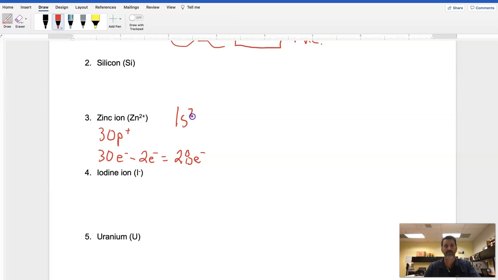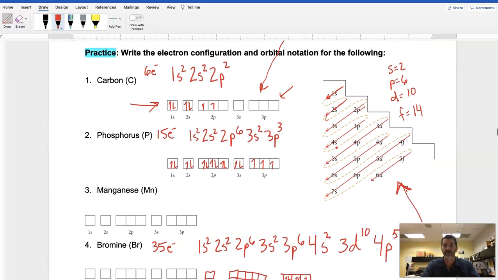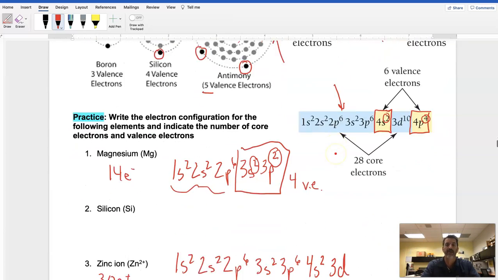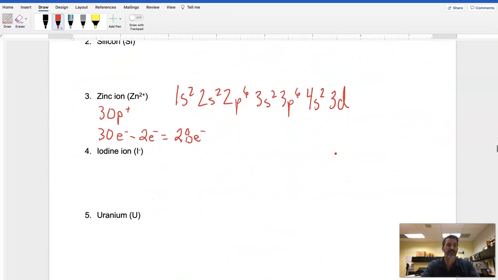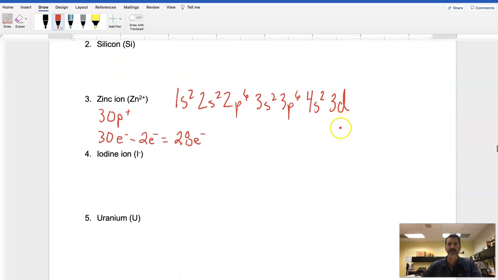So 1s2, 2s2, 2p6, 3s2, 3p6. This is where it gets a little strange, because 4s2 actually comes before 3d. It's weird, but that's just the order we notice when we follow this little arrow chart. There's a reason for it, but instead of memorizing it, we just follow the chart.